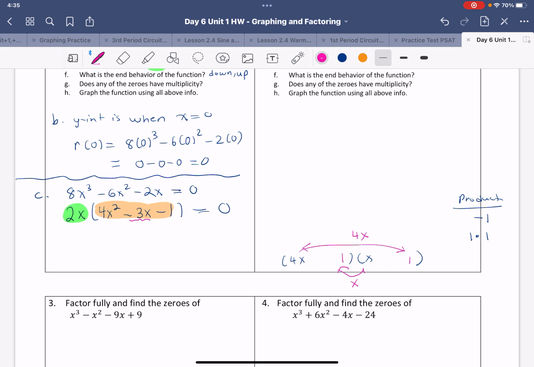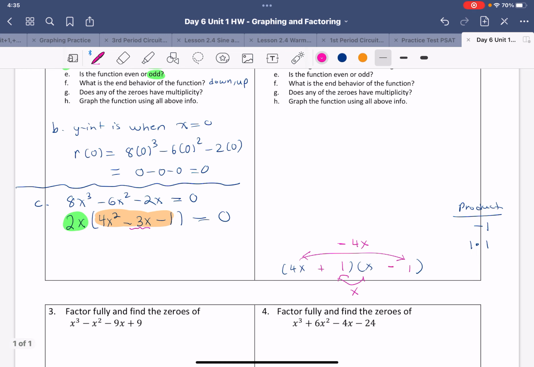So if I want to get a -3, then I know this has to be -4, and this has to be positive. Once again, everybody, 1 times -1 is -1, and -4x plus x is -3. So now I have 2x times (4x plus 1) times (x minus 1).